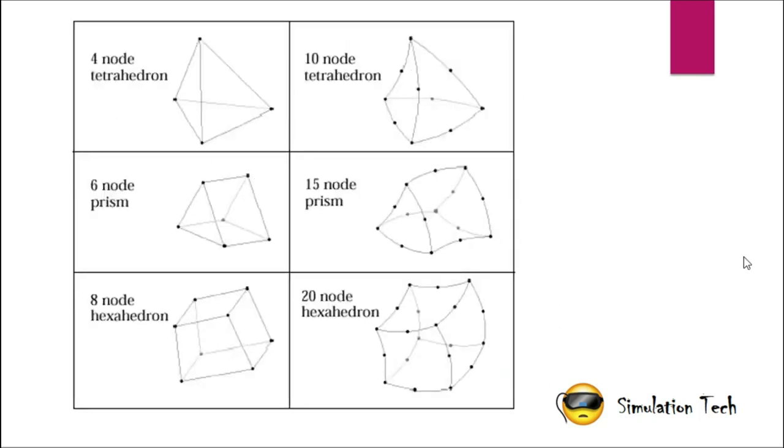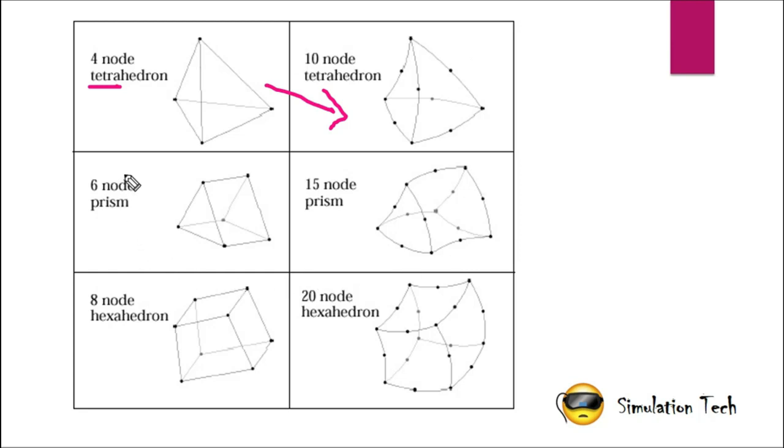Okay, so again it's a 3D element. This is a clearer example of the difference between linear and quadratic. Linear means first order element, quadratic means second order elements. First is tetrahedral: we have 4 nodes in a normal tetrahedral and 10 nodes in a second order tetrahedron.